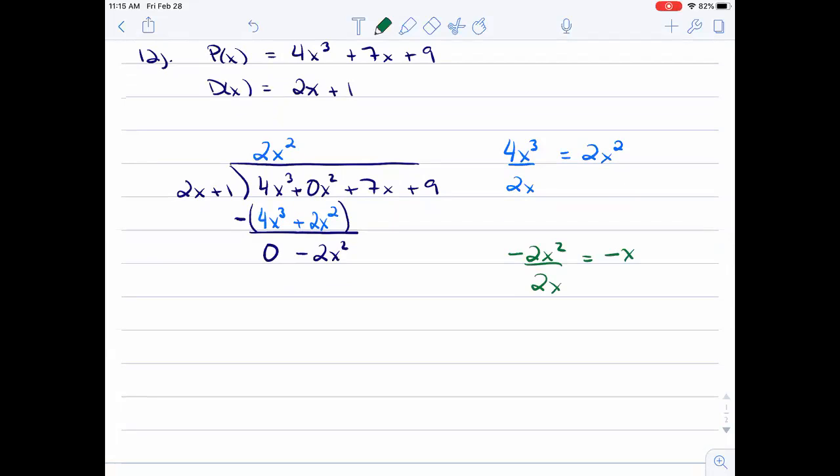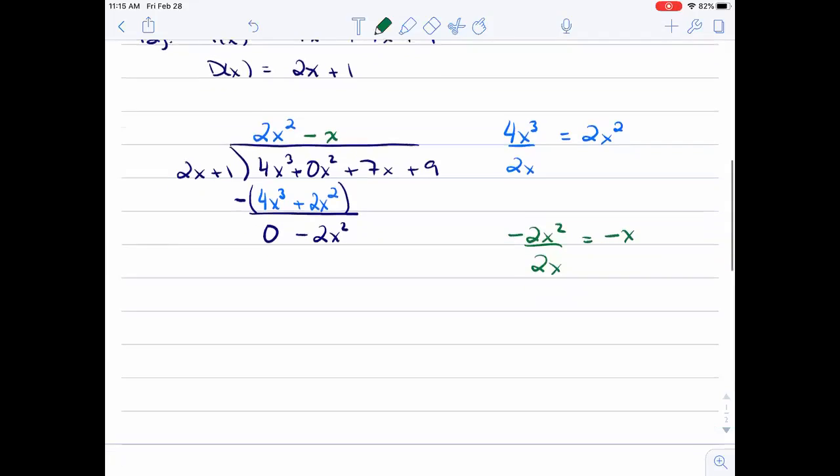So now I have minus 1, which I can put up here, say minus x. Now I take that minus x and I multiply it by 2x plus 1 and put it down below here.